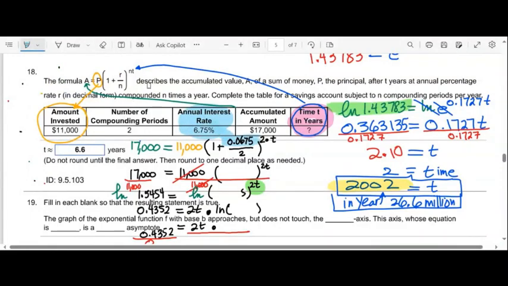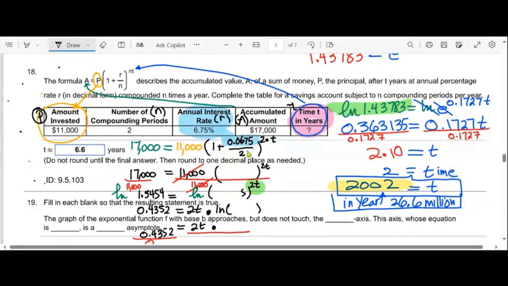Very important that you do that. Yes. Okay. So I wrote down the values that we have. N is the number of compounding periods per year, and this is r, and this is A, and this is P. And this is t. So we're looking for t.